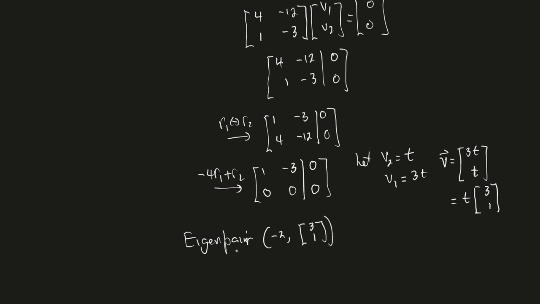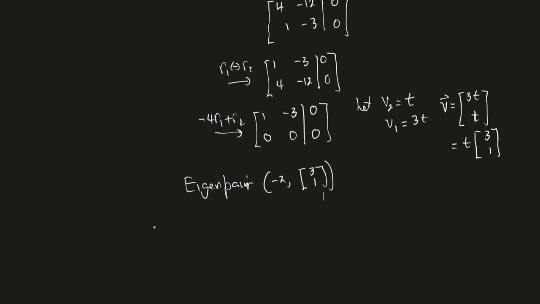Now, how could we check this? Well, now that we know what the constant is and what the vector is, here is how we could check this. Take our original matrix A and multiply this vector, right? We could do it for the first pair, but I'm just going to do it for the second pair.